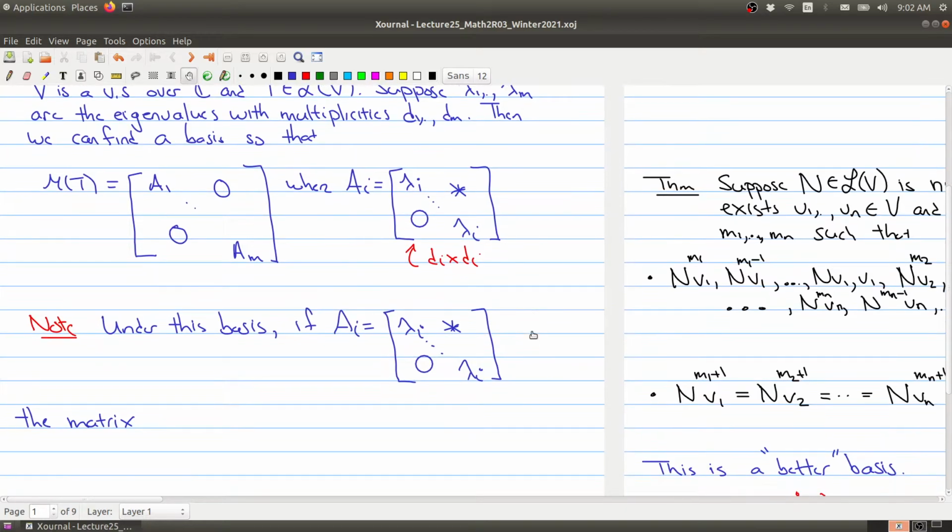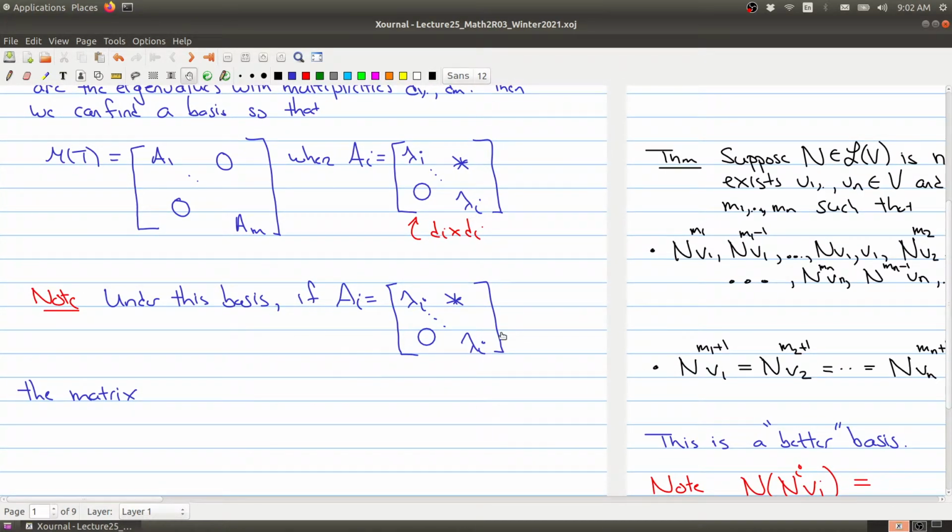I just want to make a point here that this matrix actually has an interpretation.